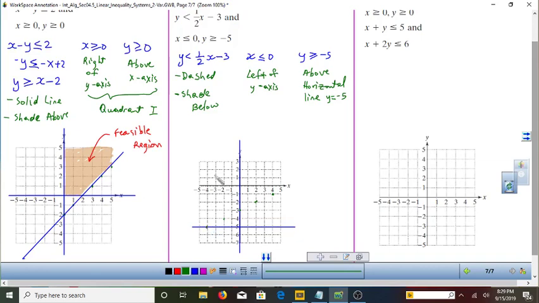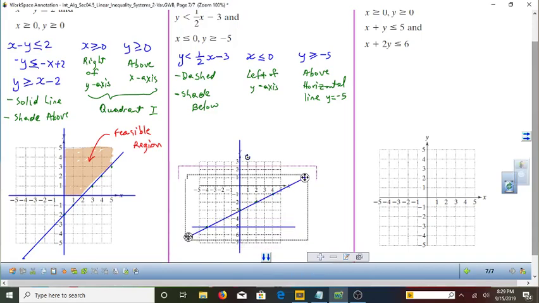And then I join my line, but this line is going to be a dashed line because of the strict inequality. So I'm going to create a dashed line here.